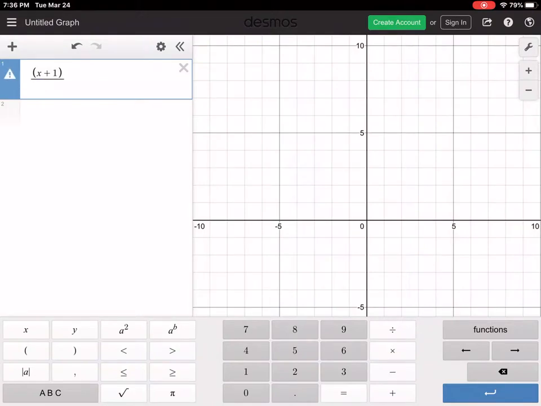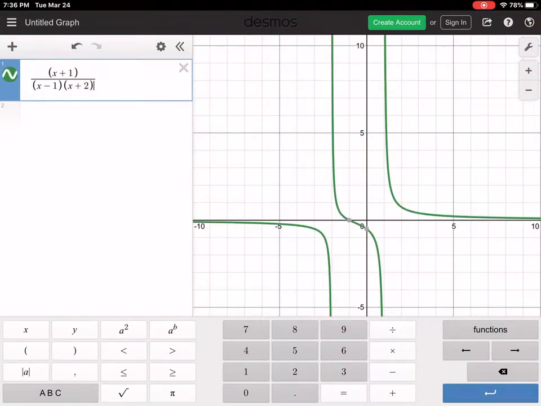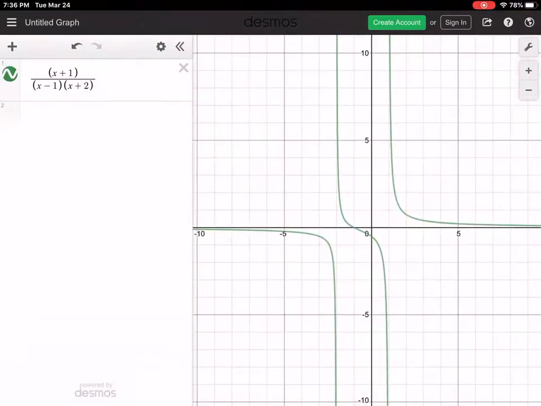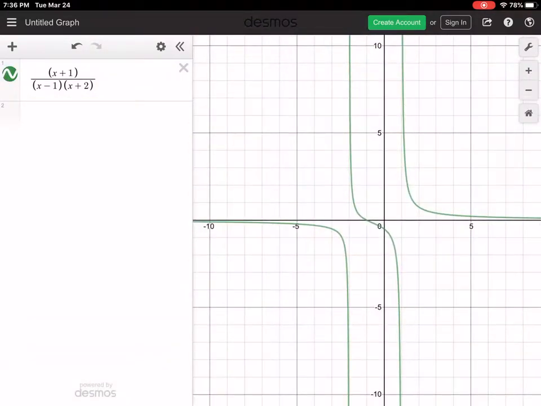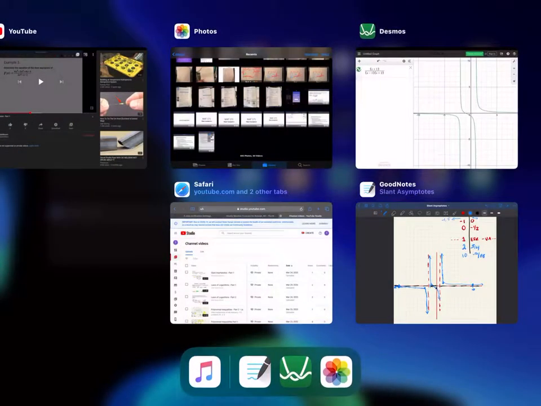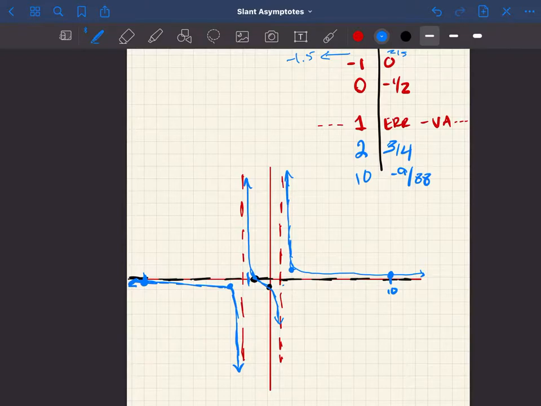And I'm going to put in x minus 1 and x plus 2. And we can see that we have a very similar graph. Good job. All right.